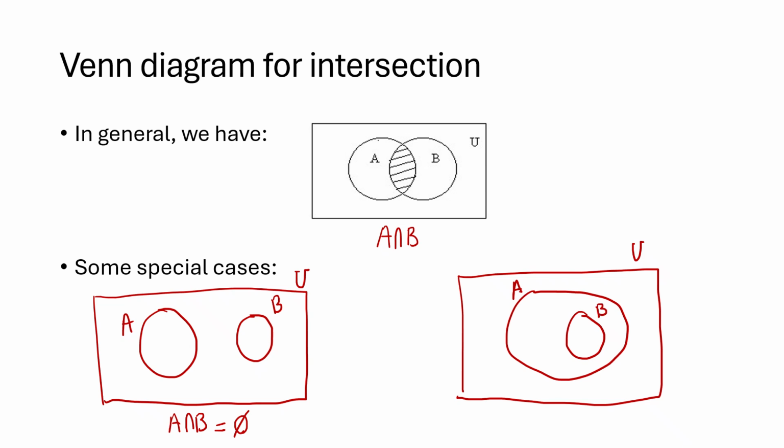Now, if you think about it, we want to shade the area that is simultaneously inside the circle A as well as inside the circle B, and that will be the entirety of B. So this is their intersection. We have three cases. This is the general case. This is the case where A and B are disjoint, so their intersection is equal to the empty set. And this is the case where B is a subset of A, and in that case, as you can see from the diagram, their intersection is going to be equal to B.